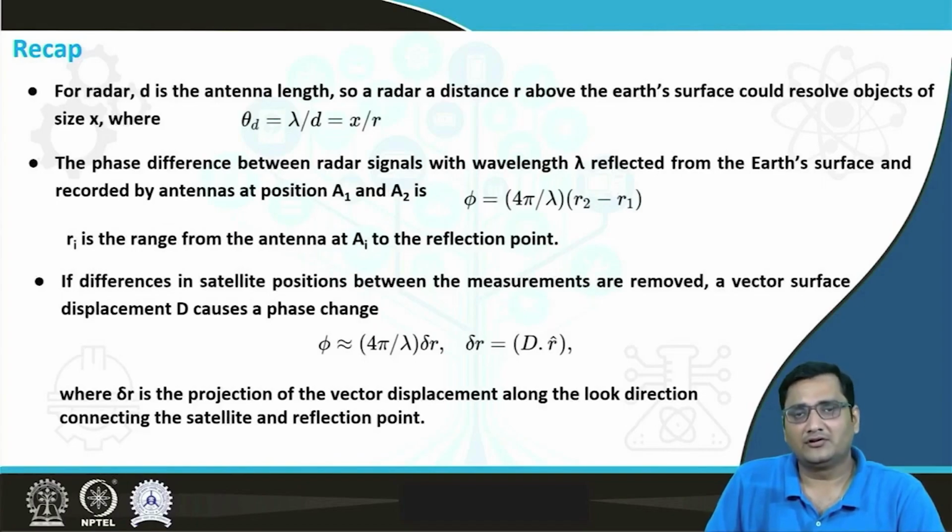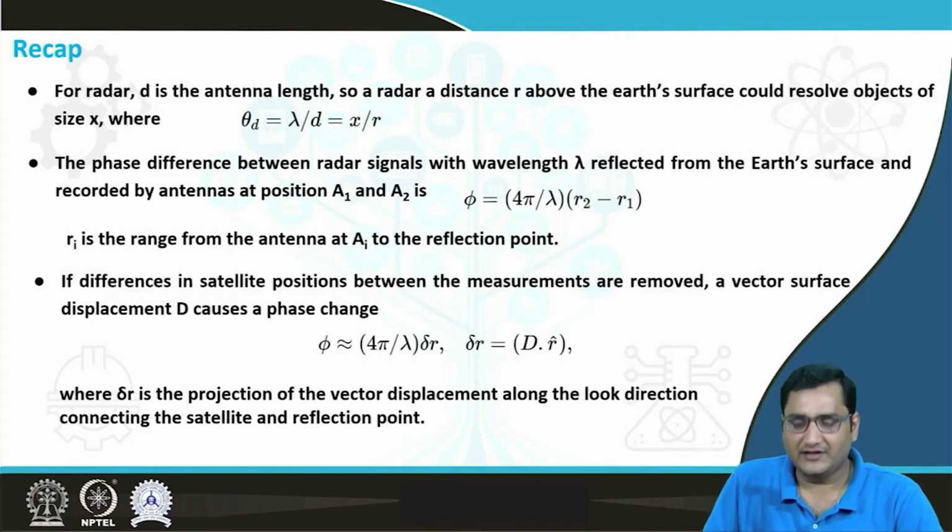Then we talked about the resolution that can be achieved using geodetic data, such as the data from InSAR, where the radar has an antenna length of d and the distance or altitude is r. The size x of the object that we can resolve on the earth's surface is given by theta d, that is equal to lambda by d, is equal to x by r.